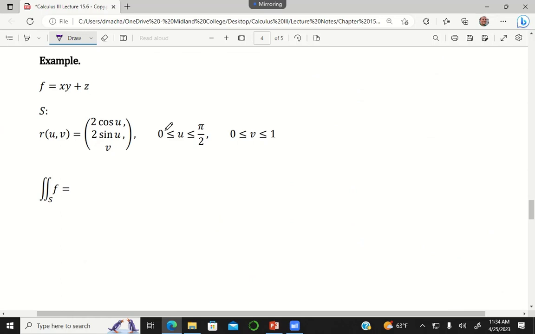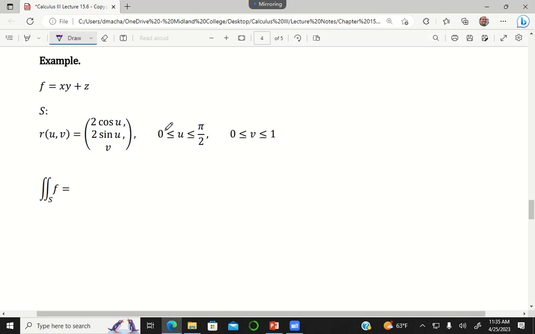Let's try to get through a couple more. This one, we've got another scalar field. This time I've got a parametric surface, so my surface is defined with parameters u and v. Well, I avoided the problem from the previous example, didn't I?